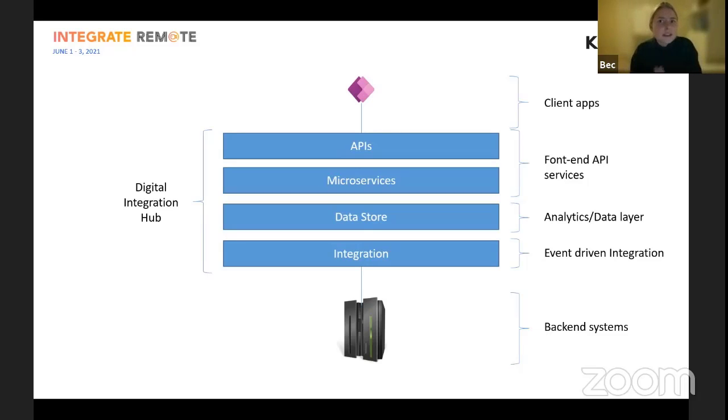How it does this is through a layered architecture, as seen here, whereby the front-end API services implement the business logic to create, read, update, and delete core business data that your client needs to interact with. The data store here provides more than just a cache of the recently used data.